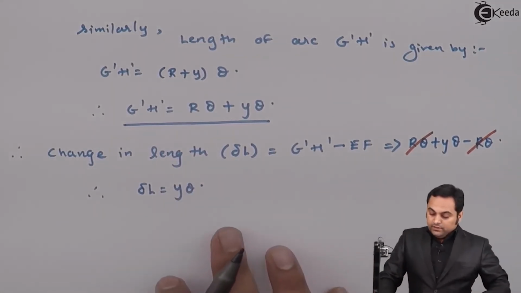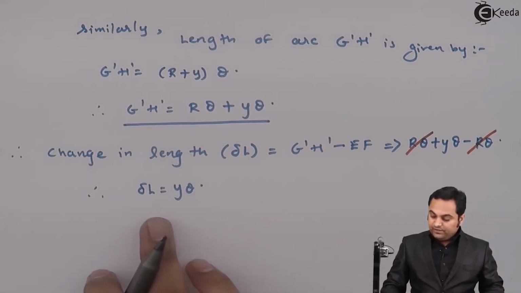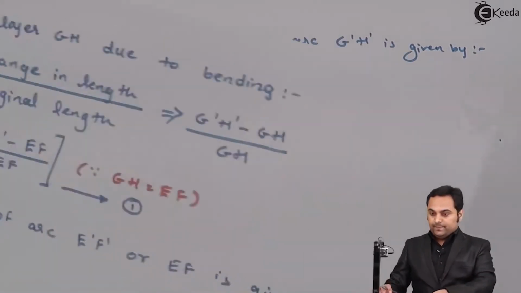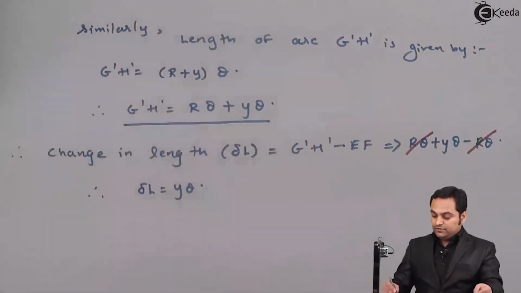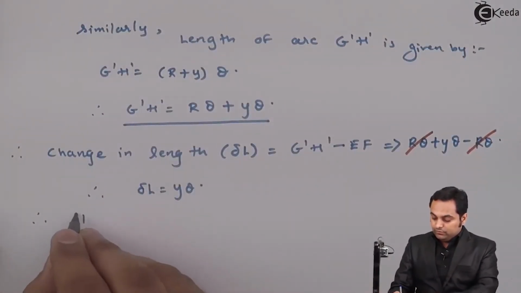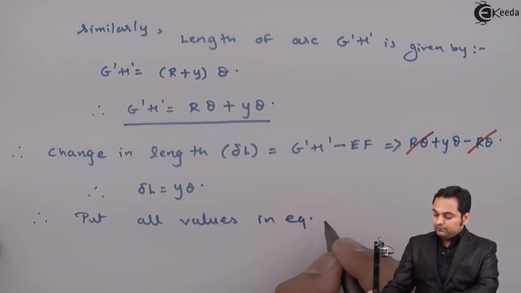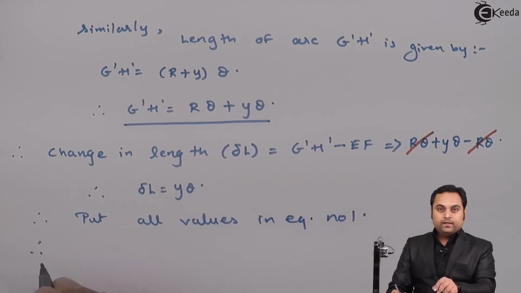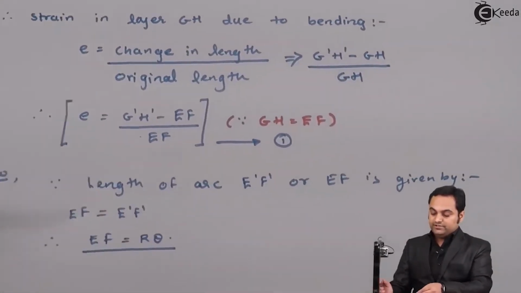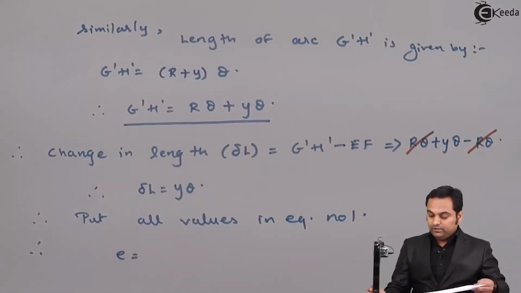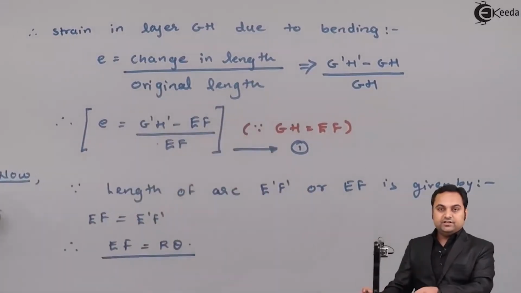Now after reaching here, the next thing would be to put the value of change in length and original length in equation 1. So put all values in equation number 1. In equation 1 we have strain small e equal to G dash H dash minus EF, that is the change in length.